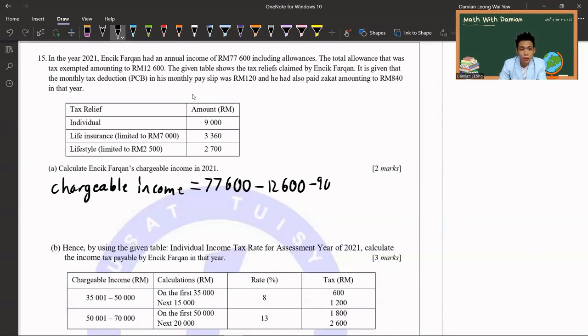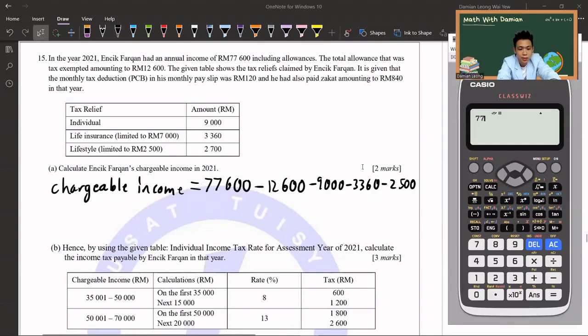So there is 9,000 for individual. There's the 3,360 for life insurance. And for lifestyle, although he spent 2,700, because there's a limit of 2,500, we can only take up to that limit. So minus 2,500. The relief is only up to 2,500 for lifestyle. So any more that is spent on it will not be entitled to the relief.